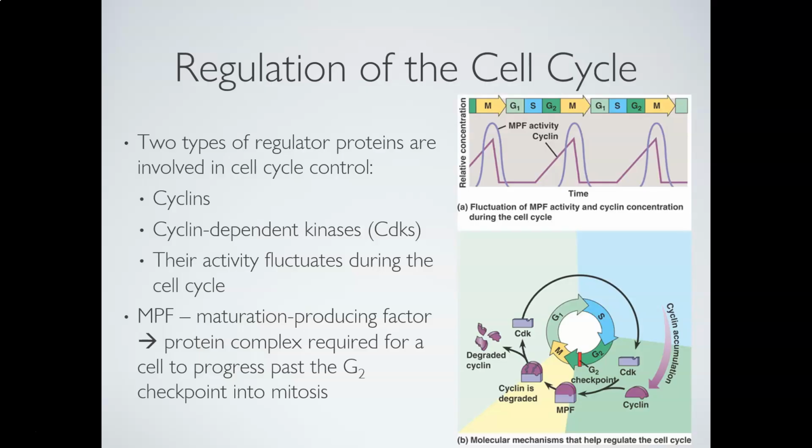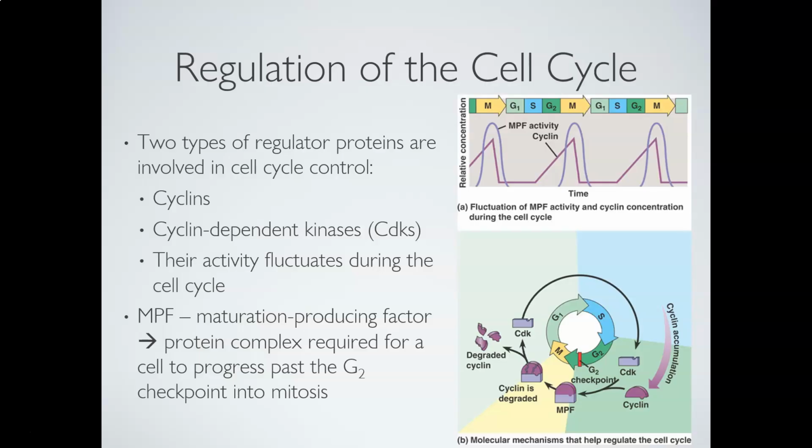And the concentrations of those molecules influence the fluctuation as we go through the cell cycle. So as they increase in concentration at one point, they'll cause the cell to jump into certain phases. As they get broken down by enzymes or just naturally degrade in the cell over time, their concentrations decrease. That will also influence which stages of the cell cycle those cells are in.